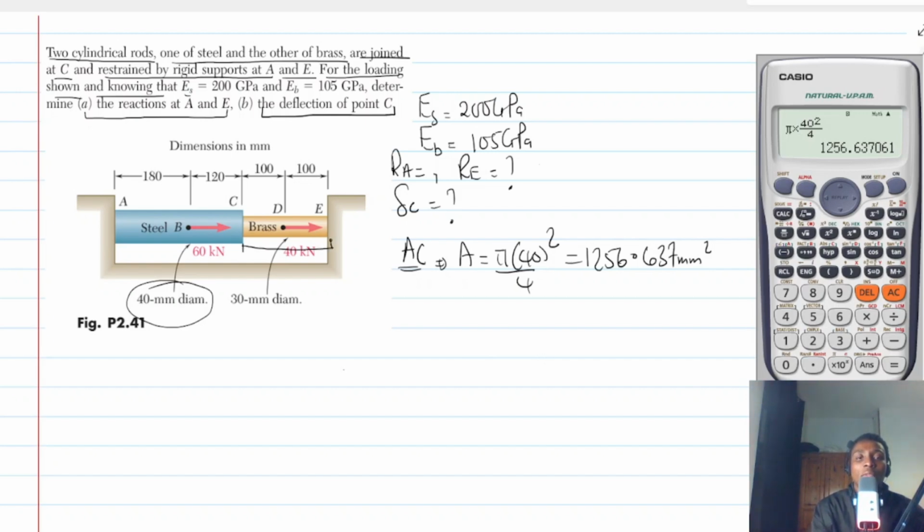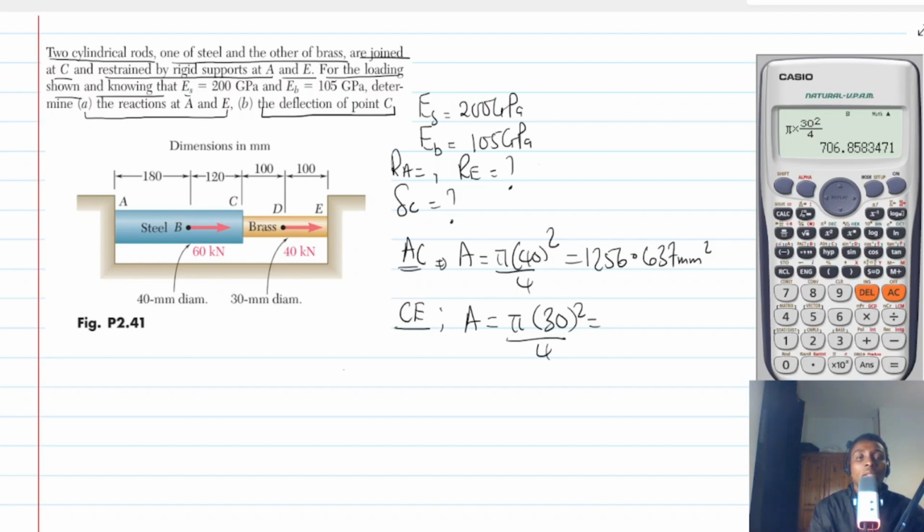Let's calculate the area from C to E. So that area is going to be pi, the diameter there is 30, right? Over 4. So I will just clean the 40 and make it 30.